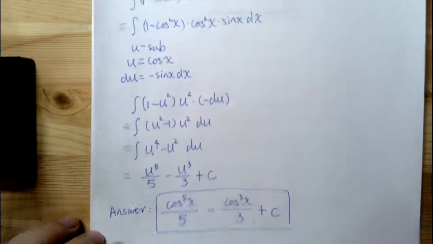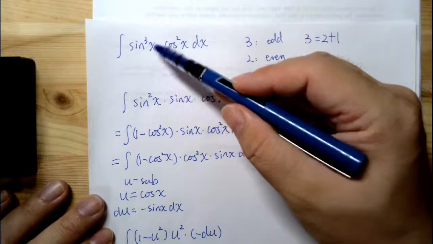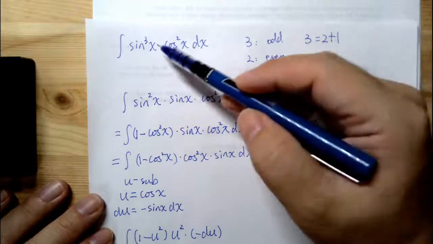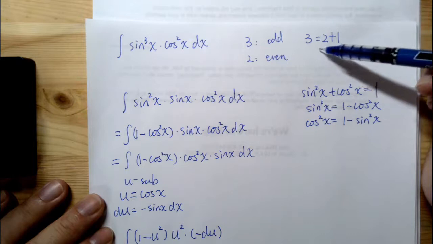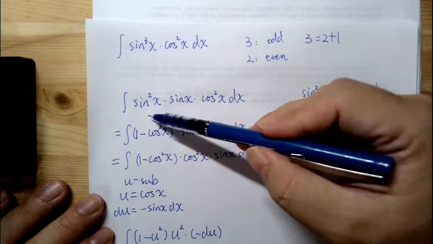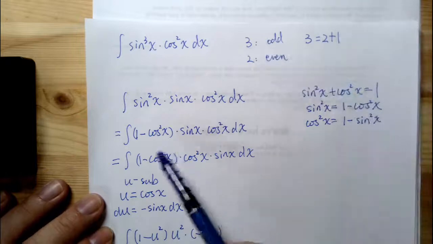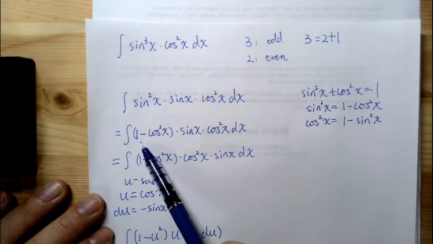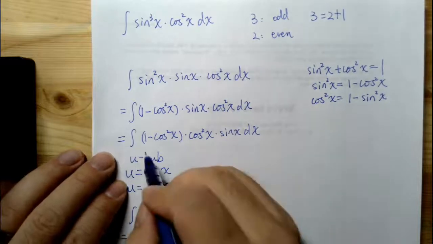So as you can see, let me briefly go through this again. The original problem is sine cubed times cosine squared dx. Like we mentioned, we located the term with the odd power and rewrote it into an even power plus 1, in this case 2 plus 1. And then this is what we get, sine squared times sine times cosine squared dx. We then use one of the identities to convert sine squared into 1 minus cosine squared, and this turns out to be the ideal form.